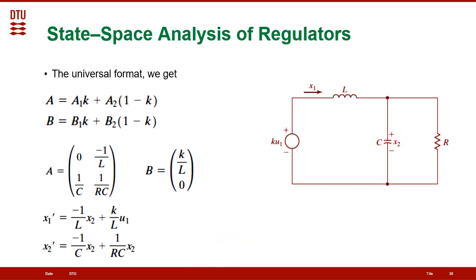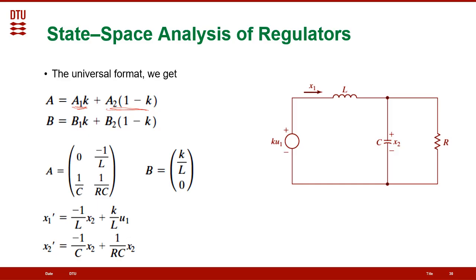Then we can combine them together. We know that this is the converter model in the on state, and this is the converter model in the off state. So the on state we multiply by k, and the off state we multiply by 1 minus k. We just do this multiplication, then we can find the final equation.